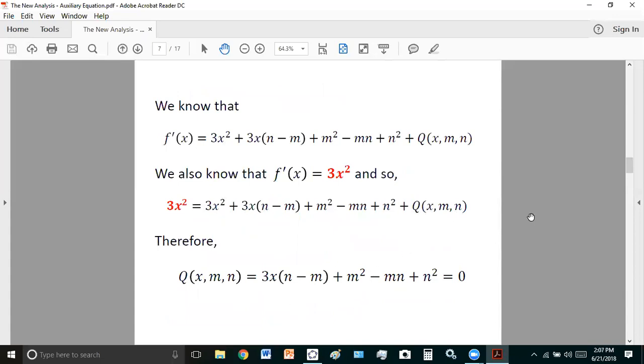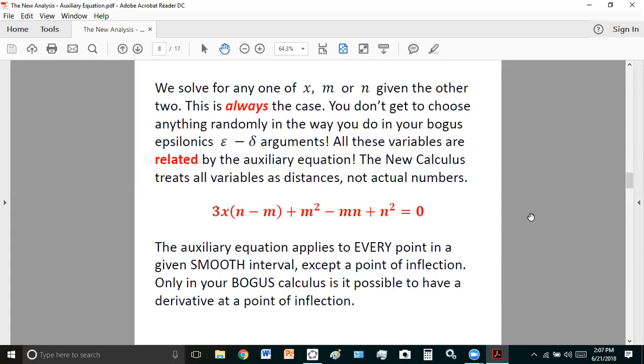And we can move from this step to the next, which is we can solve any one of x, m, or n given the other two. This is always the case in the new calculus. And with simple curves, you don't even need iterative methods like Newton's root approximation or anything like that.